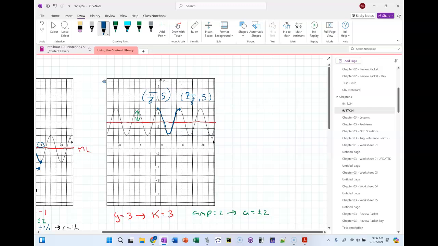Is everybody okay with how I counted that out? A quarter I counted as 2/8. So each grid line was 2/8, 2/8, 2/8, and then I had that one more eighth for the half. Is that okay?